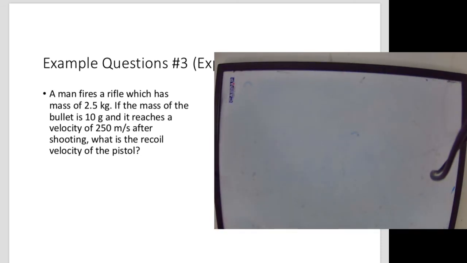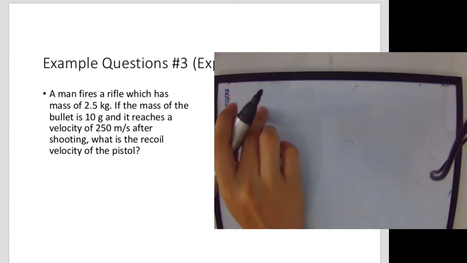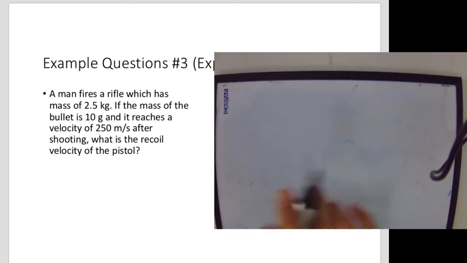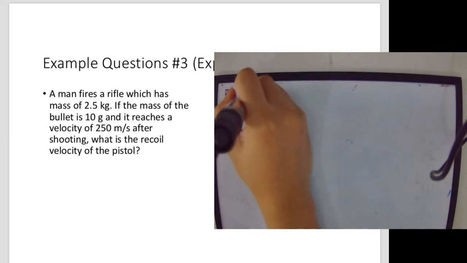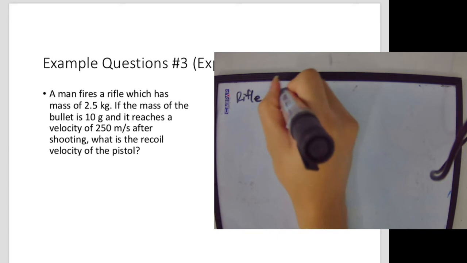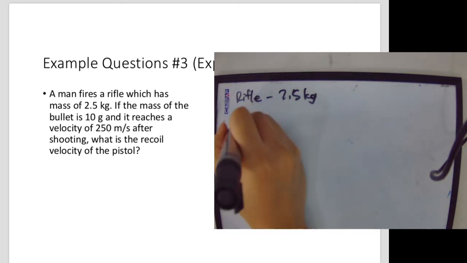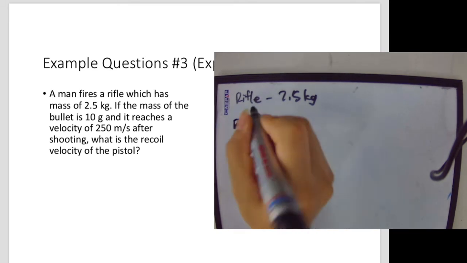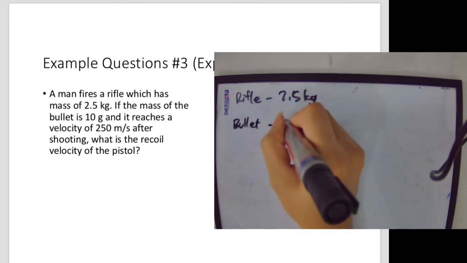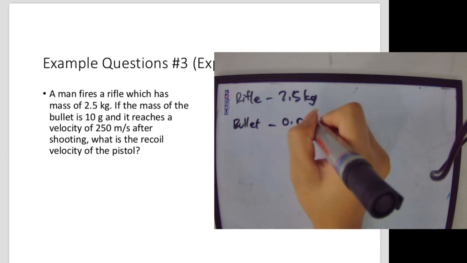All right, let me type out part of the equation here. So rifle is 2.4 kilograms. Bullet is 0.001, was it?